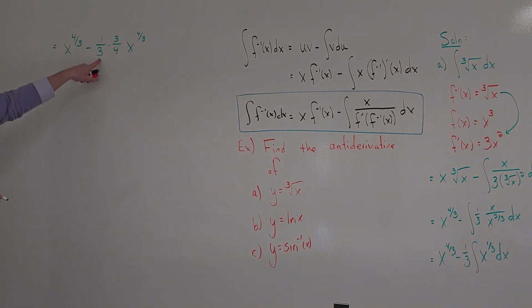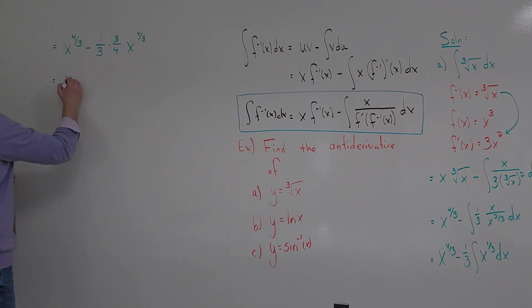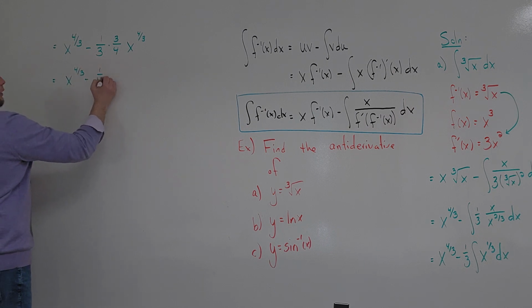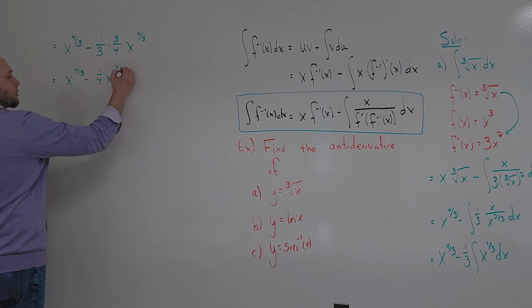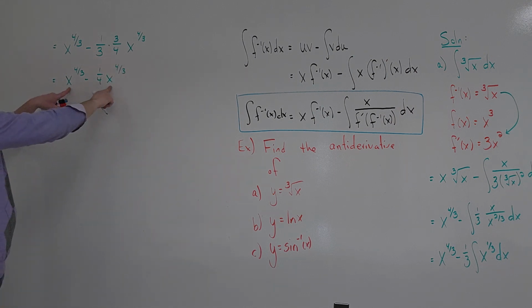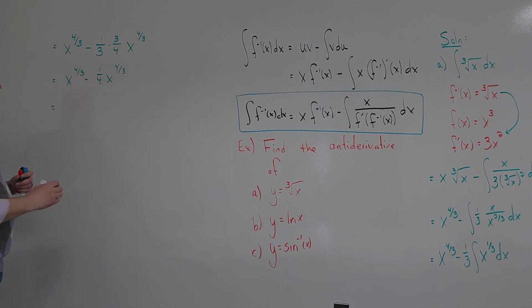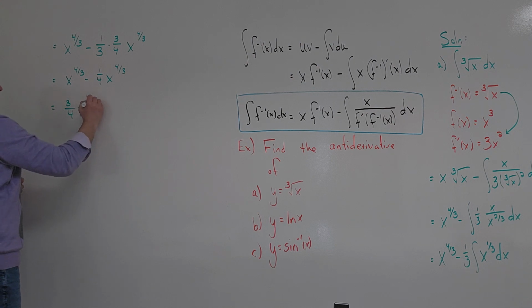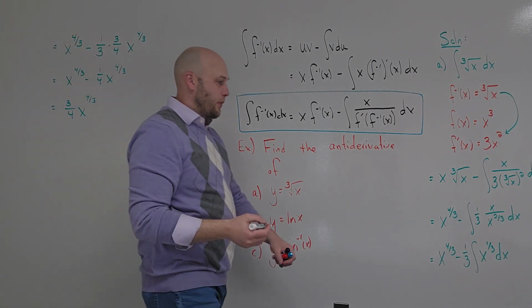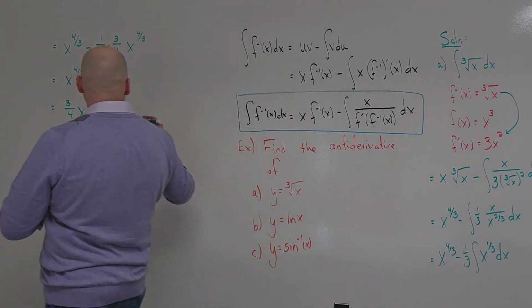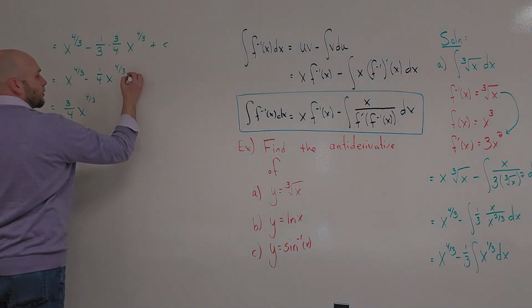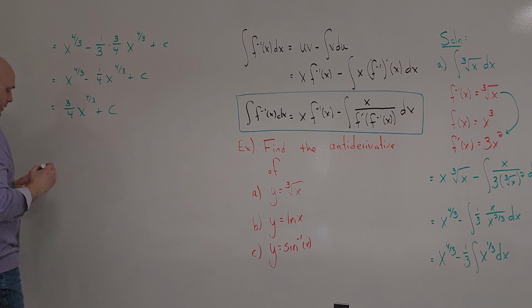All right, 1/3 times 3/4, the 3's cancel, leaving you with 1/4, giving you x to the 4/3 minus 1/4 x to the 4/3. These are like terms. I'd have 1 x to the 4/3 minus 1/4 x to the 4/3, which gives me 3/4 x to the 4/3. And of course, after we did that last integral, we would have a plus c.